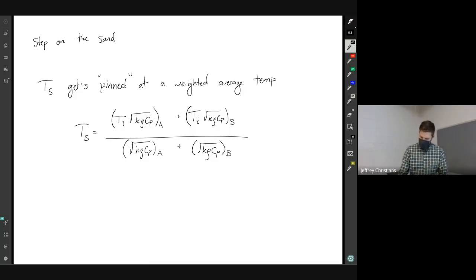Right, so that equals just a constant value.